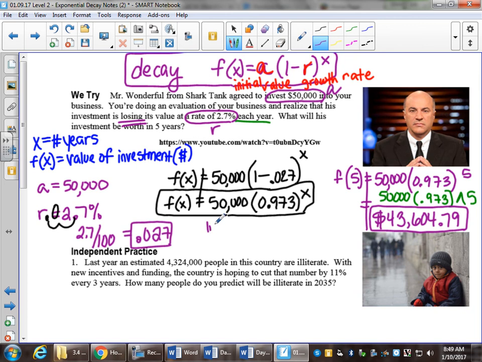So in 5 years, the investment will be worth $43,604.79. All that was is just saying, what does this actually mean?